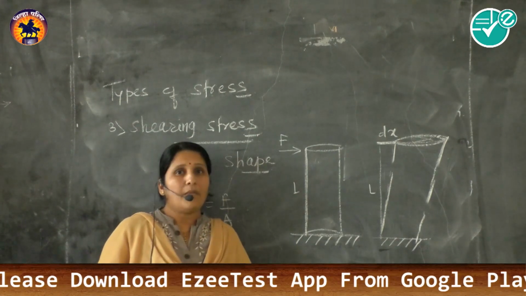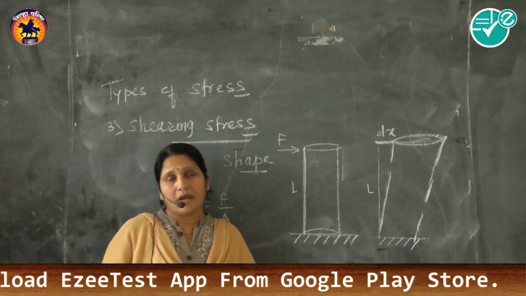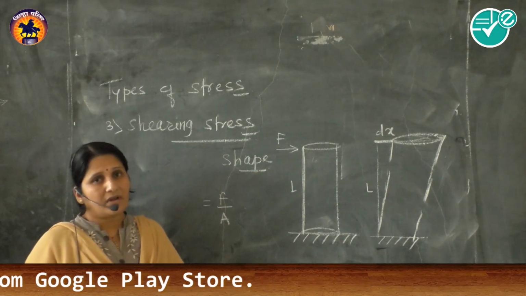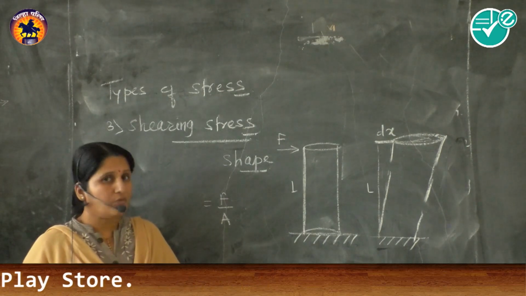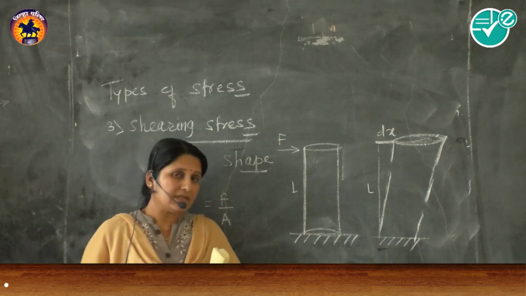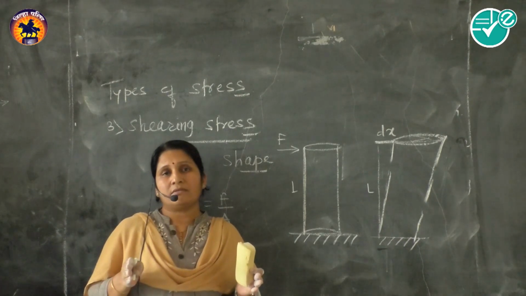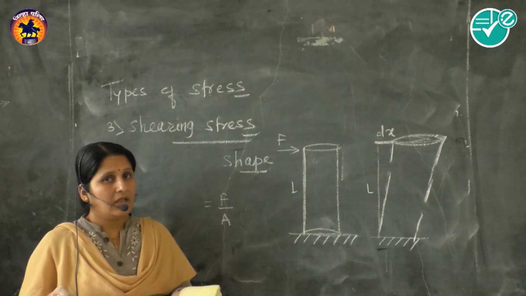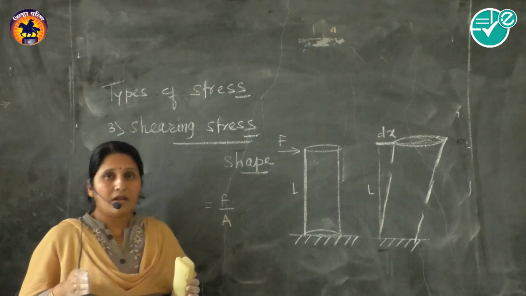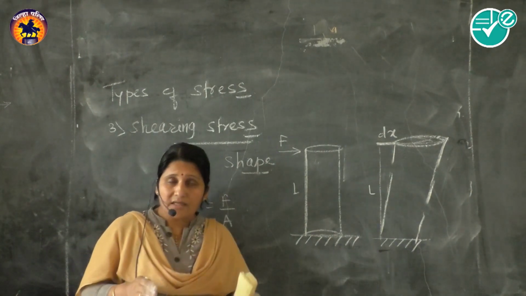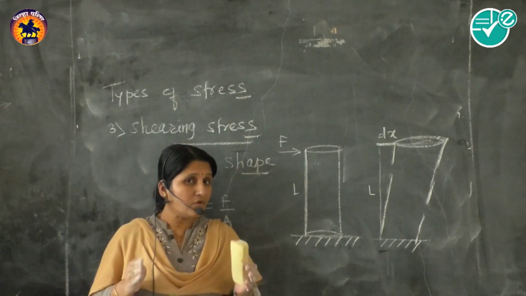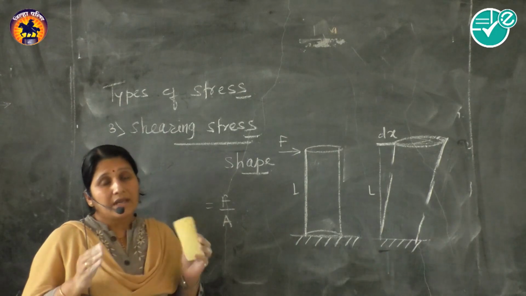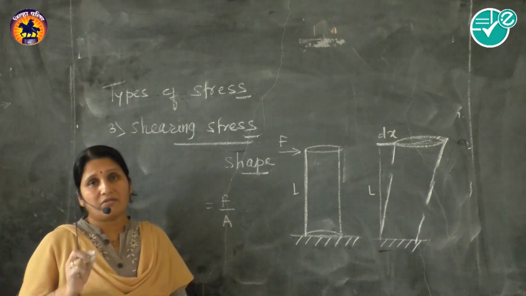The property by virtue of which a body does not regain its original dimensions after removal of external deforming force. In elastic bodies, the internal restoring force created is very large, and in plastic bodies, the internal restoring force created is very small.